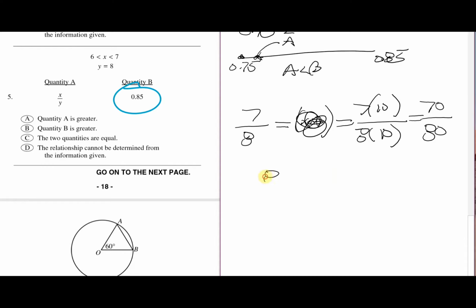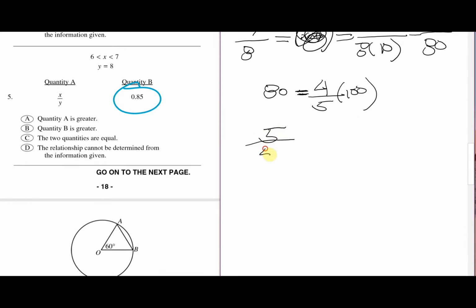So we know that 80 is 4/5 of 100. You have 20 times 5 is 100, so 80 is 4 times 20. It's just 4/5 of the way. This is 80%. So if you take the inverse relation, if you take 5/4 times 80, we end up getting 100.